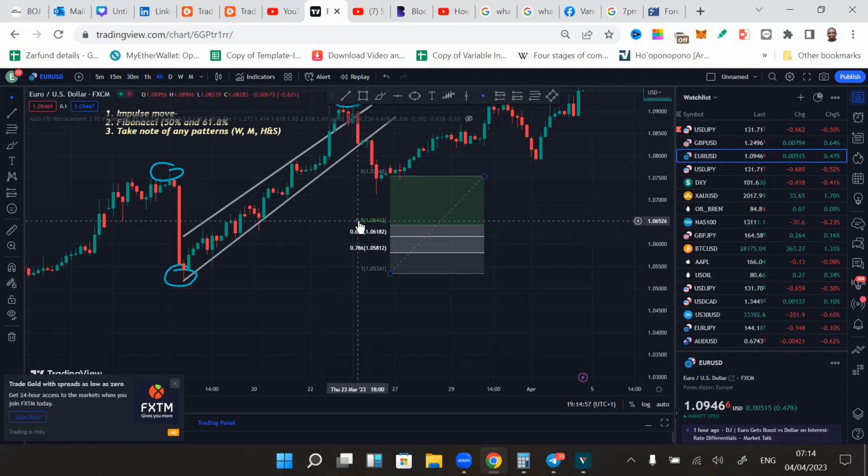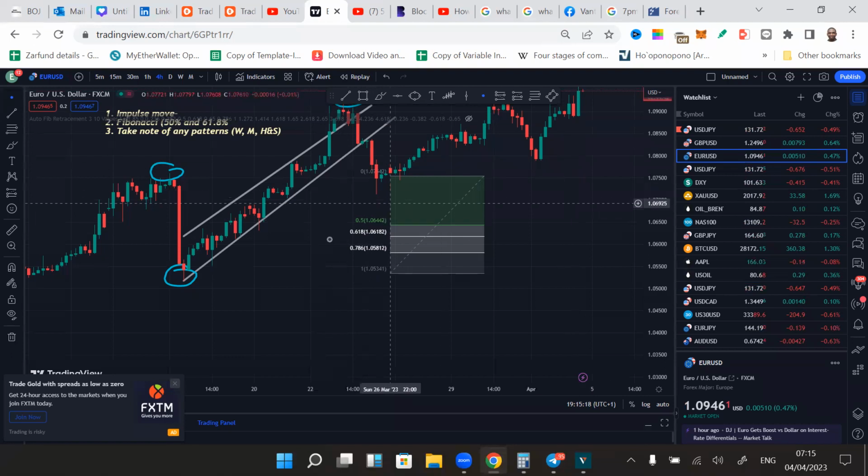That's why they call it 50%, right? Now, 0.618, if you multiply it by 100, it gives you 61.8%. So don't be confused by 0.5. 0.5 is the same thing as the 50%. It's just telling you that that's 50% of the move.